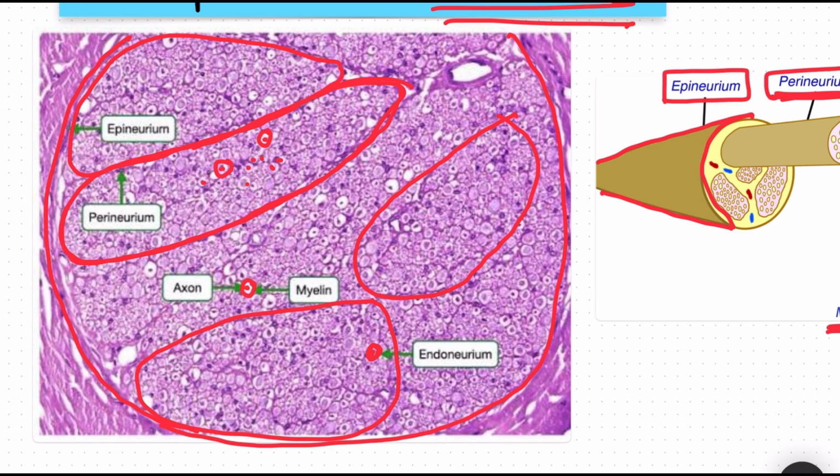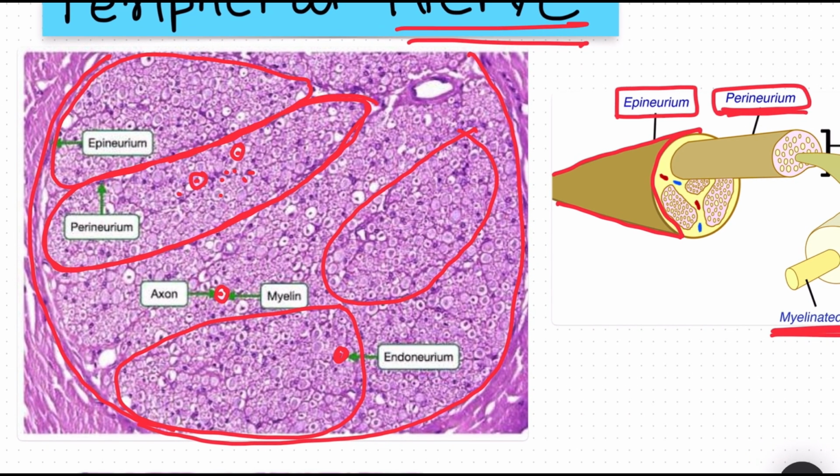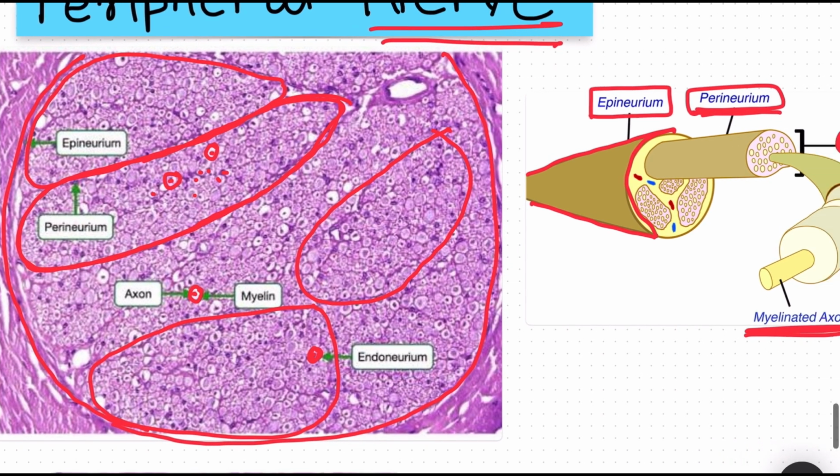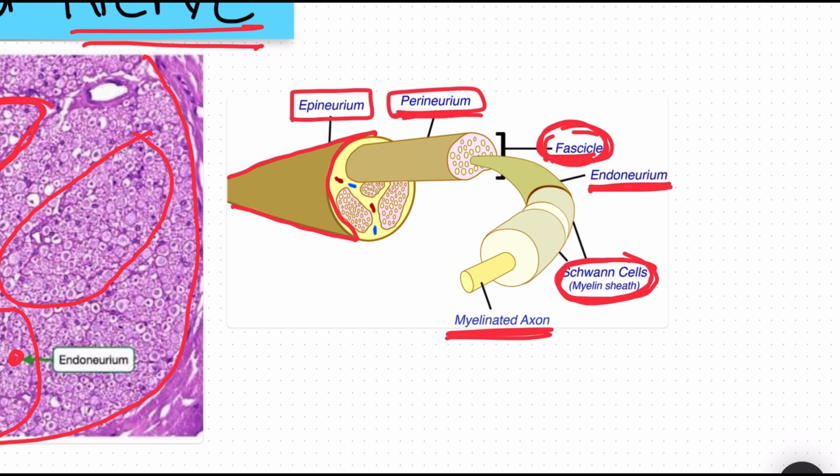So endoneurium is the innermost layer and epineurium is the outermost layer. If you are going from outward to inward, epineurium will be the outermost layer, and then perineurium is second outermost. Then the third one is endoneurium. Okay, it is important to remember.